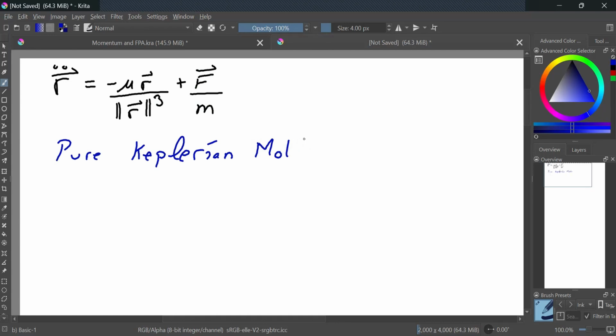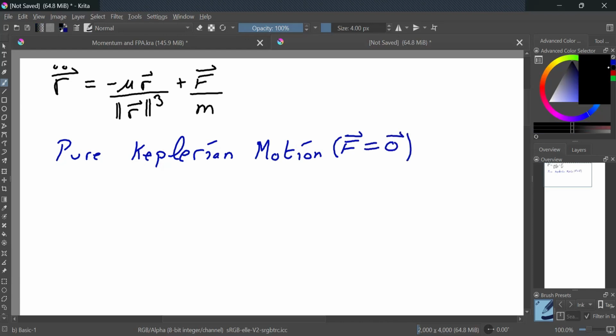And that just means we are not looking at any of those miscellaneous terms. This will get us constants of motion, which we will discuss here in a little bit.